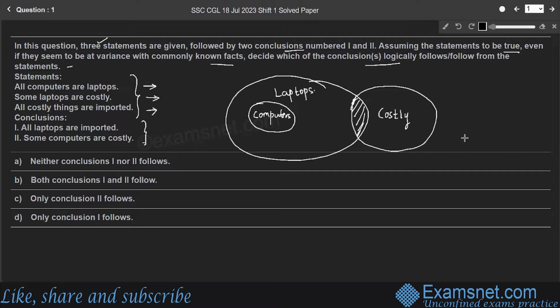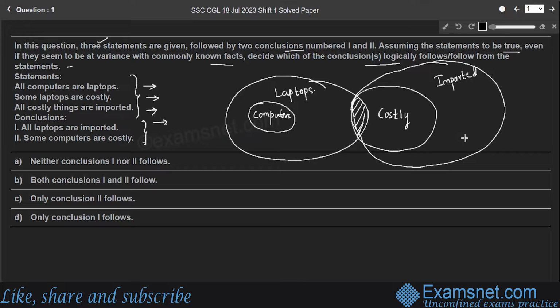And the third statement says, all costly things are imported. So the set of costly is completely included in the set of imported. Now come to the conclusion part.